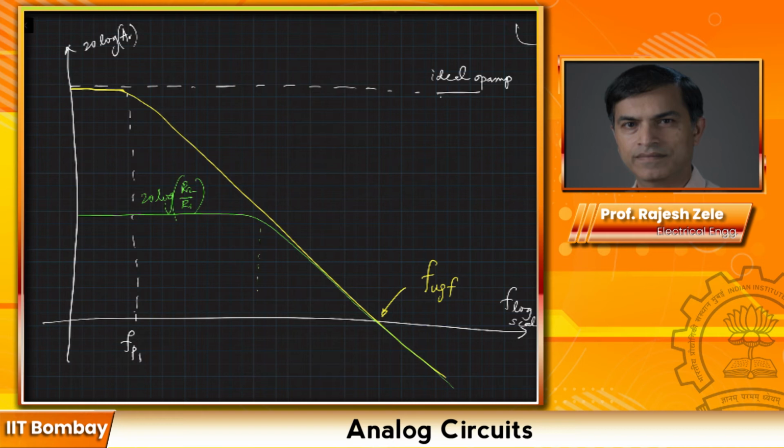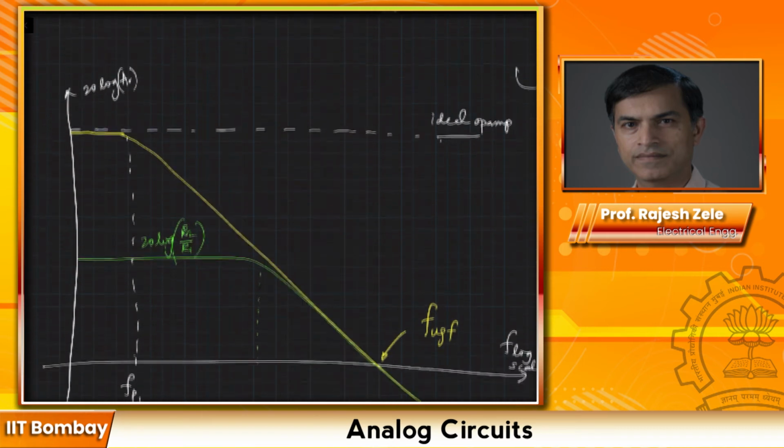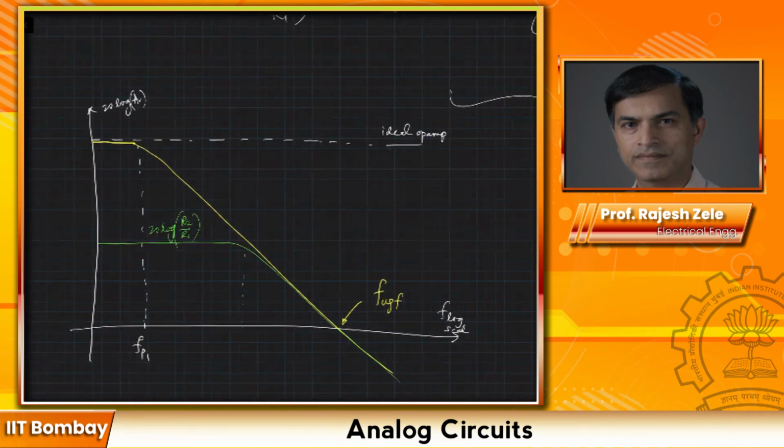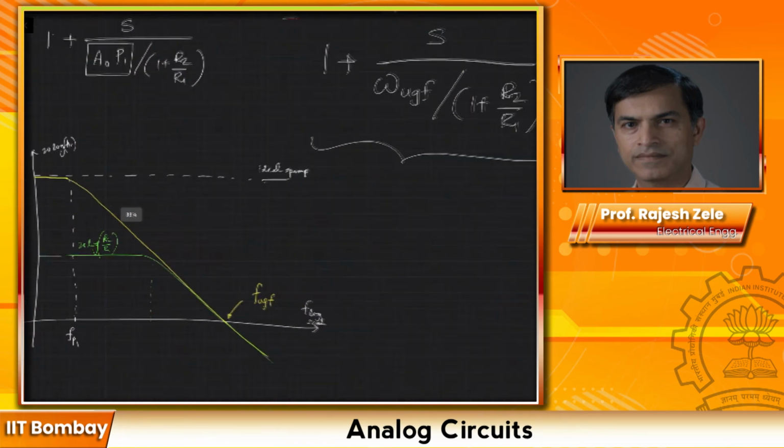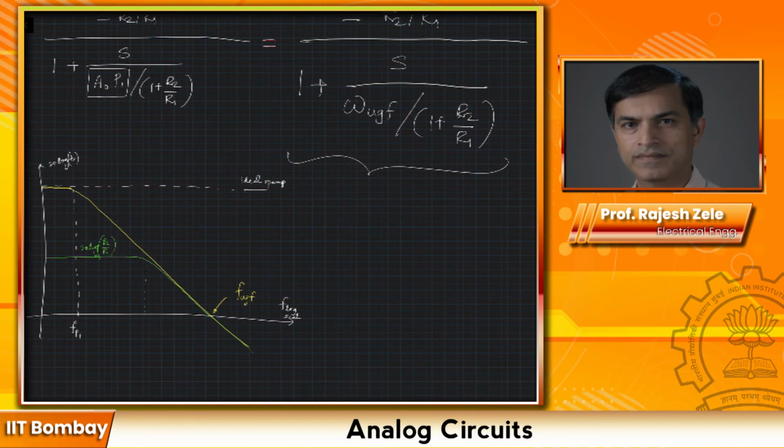Now we can do the exact same analysis for a non-inverting amplifier, where you have a circuit that looks like this, and you apply input here, V in, R2 over R1. In this case the gain would look very similar.